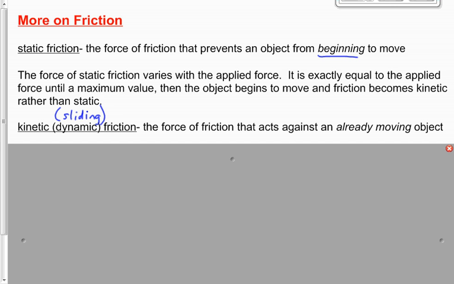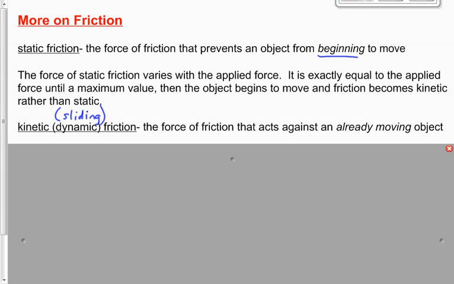That's actually static friction. When the tires are sliding on the road, then that's kinetic friction. So it reminds us when we have kinetic and when we have static friction. Even though we don't use that term very often, it's sometimes a better term, sliding friction.